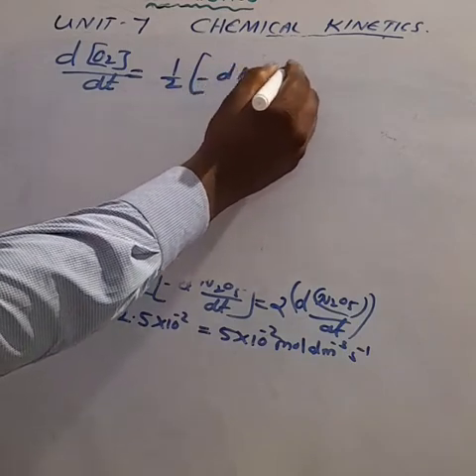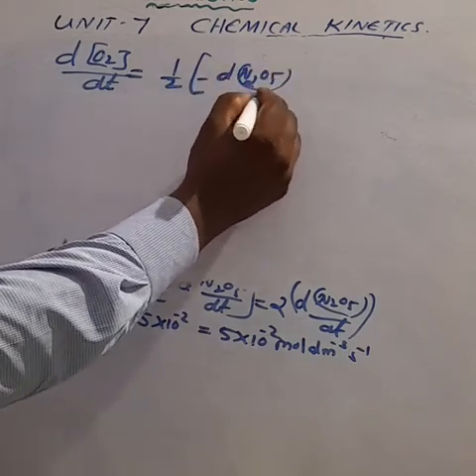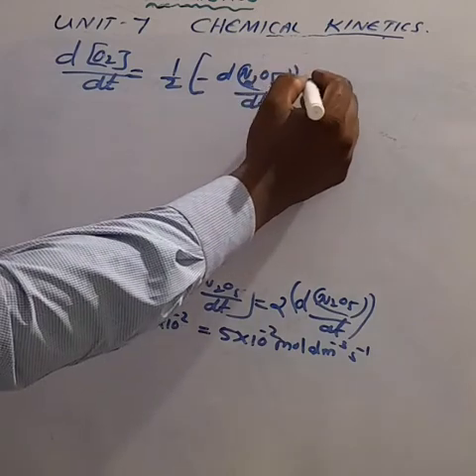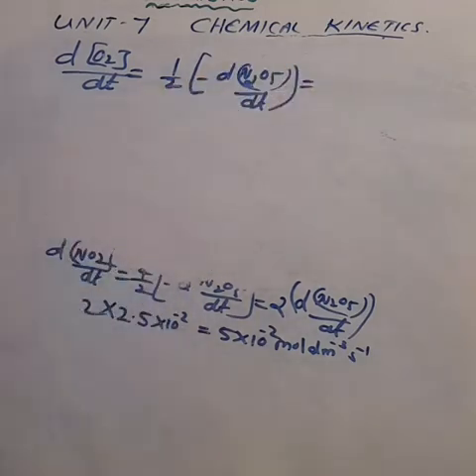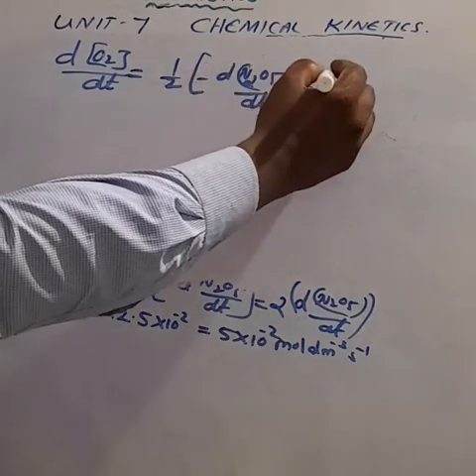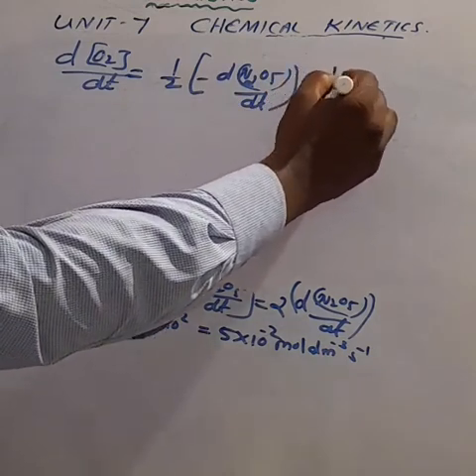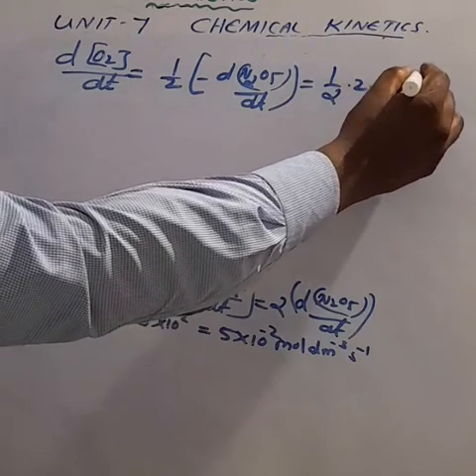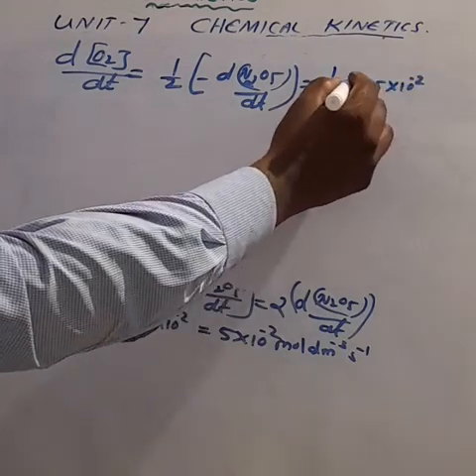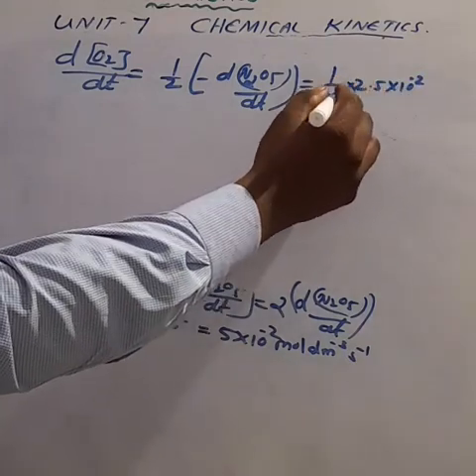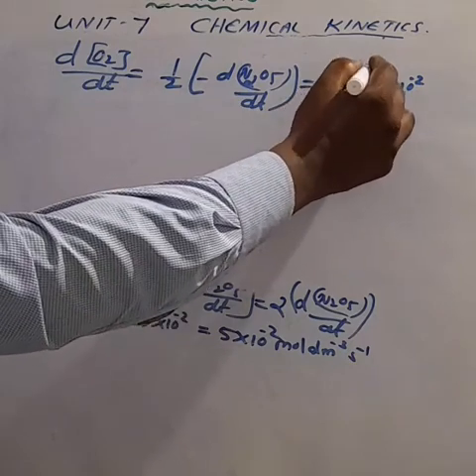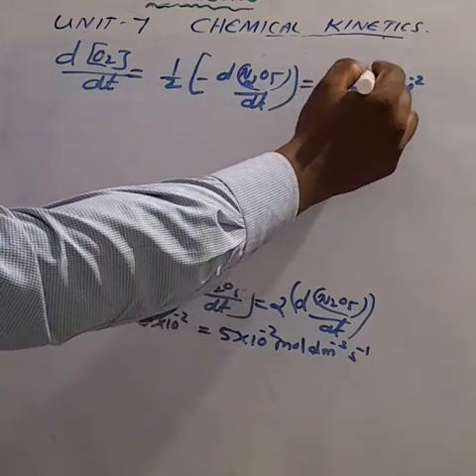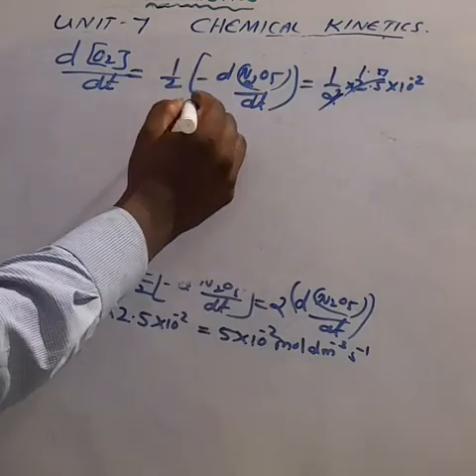We know the value of N2O5 with dt, so it is half into 2.5 into 10 raised to minus 2. Next we just divide, and we get the answer 1.25 into 10 raised to minus 2 mole dm raised to minus 3 second inverse.